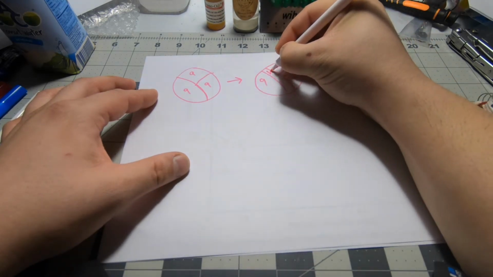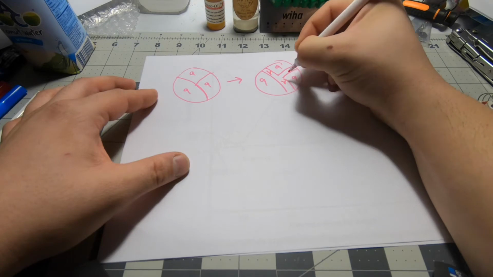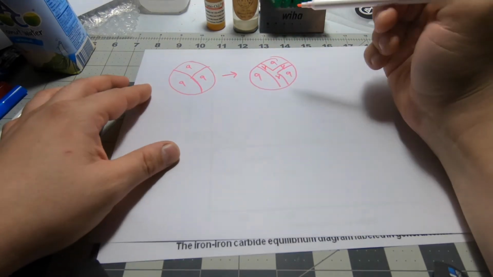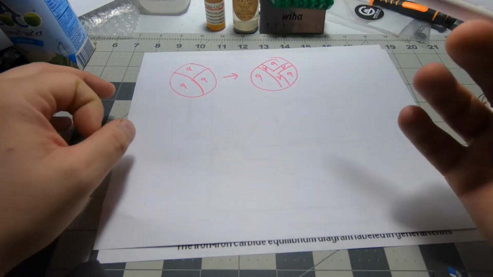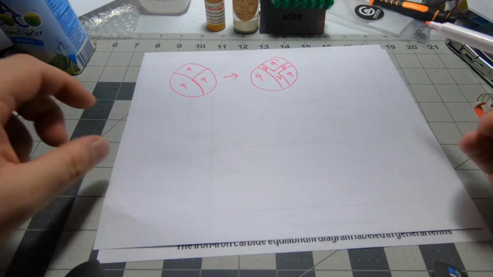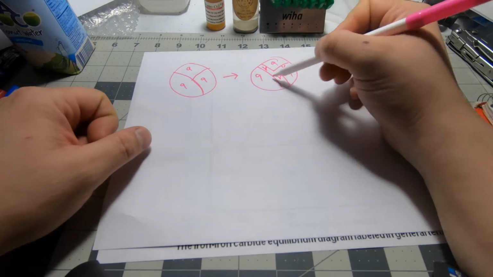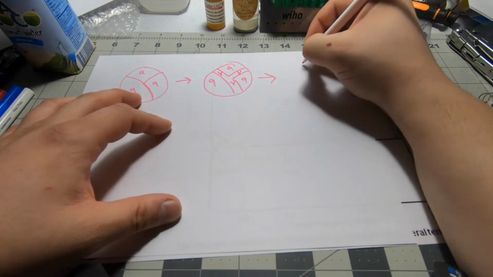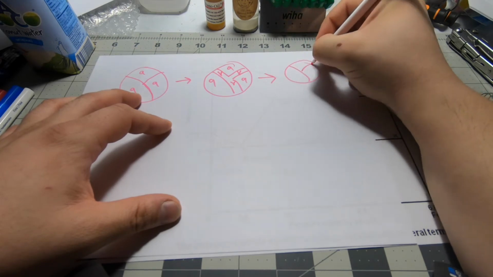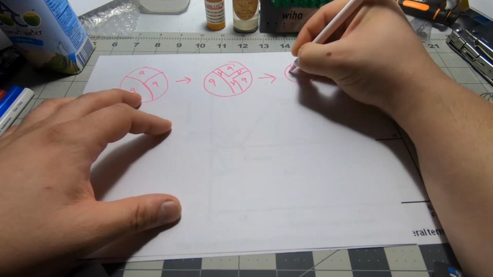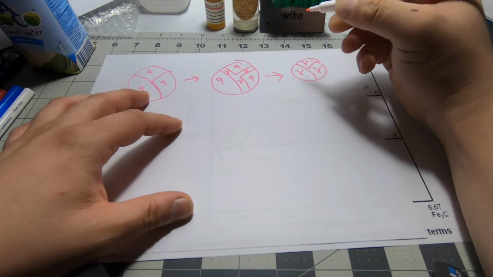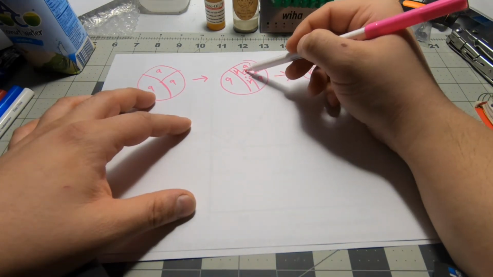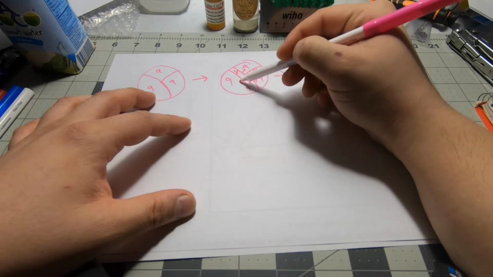And then we'll start to grow our austenite, or our gamma phase. And the reason why this whole thing will then turn into this is because these grains are growing out over the ferrite.